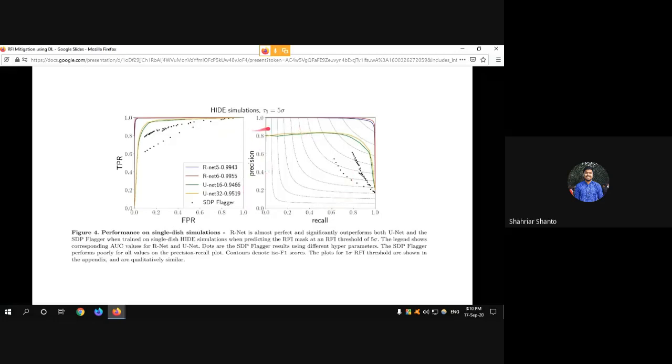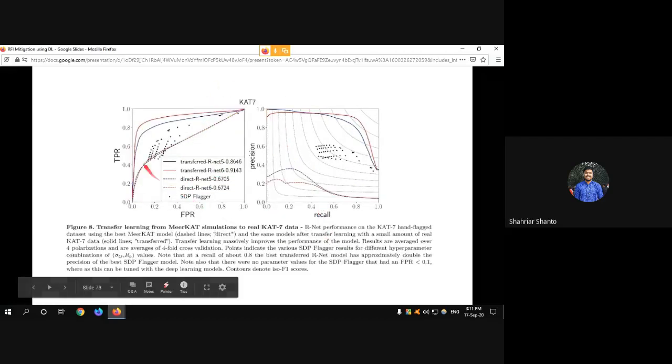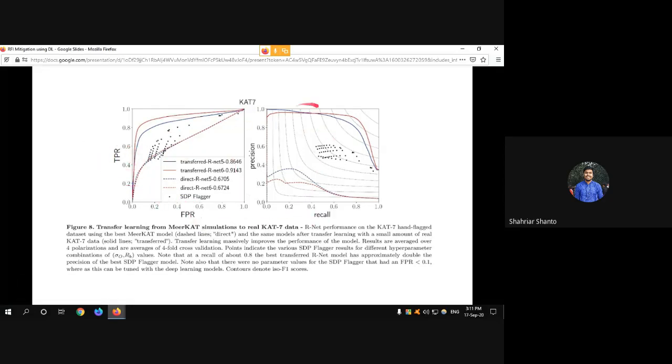So we can see that for the case of RNet, the precision and recall both were very much in a good range, and it surpasses the previous model. Same is true for Meerkat simulations, and again for Cat7 simulations, the same thing: true positive rate, false positive rate, the recall and precision balance.